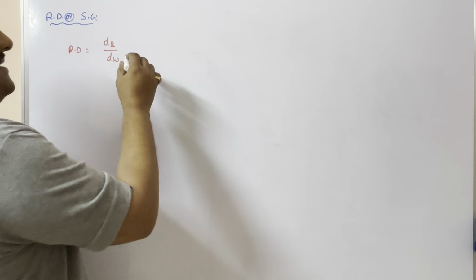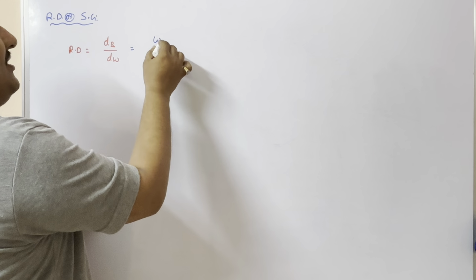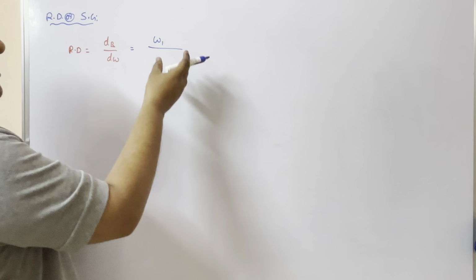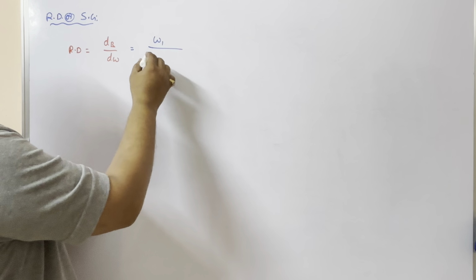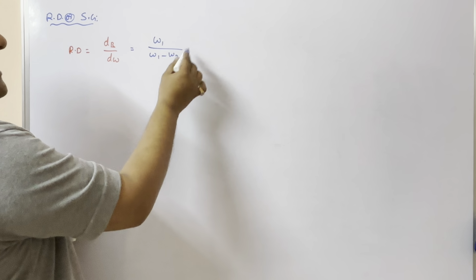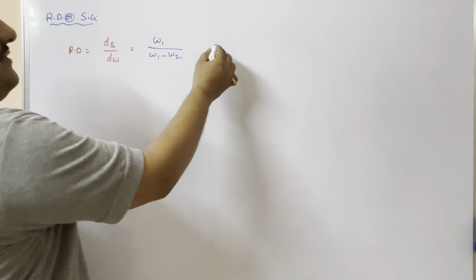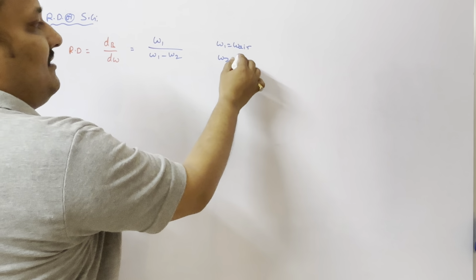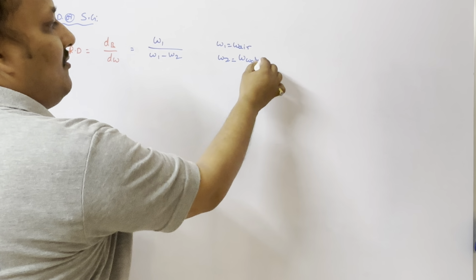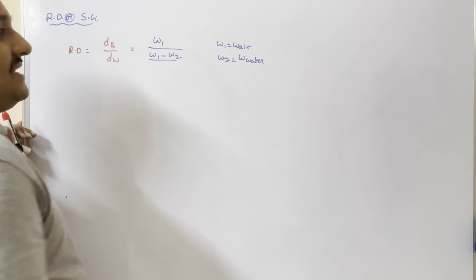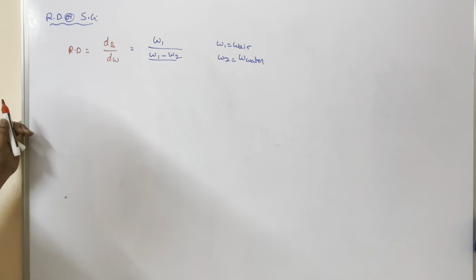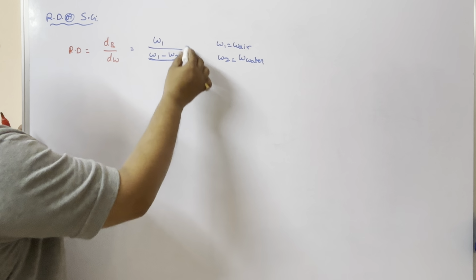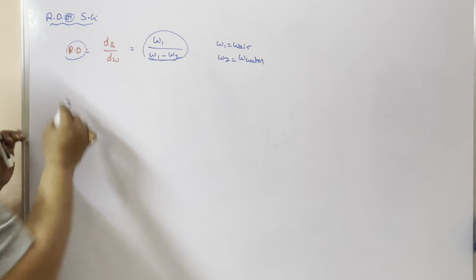This they will represent in terms of the weight of the object in air divided by the loss of weight of the object in water, that is W1 minus W2. W1 is the weight of the object in air, and W2 is the weight of the object in water. So W1 minus W2 is the loss of weight of the object in water. This is going to be the relative density.